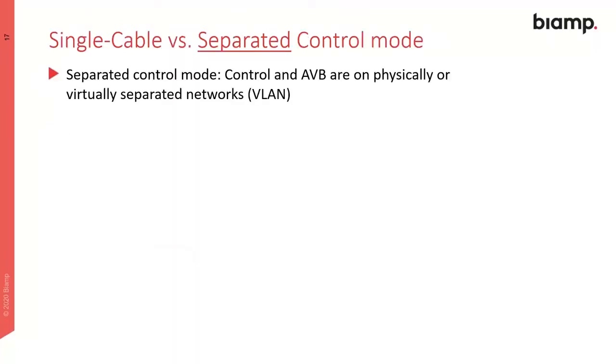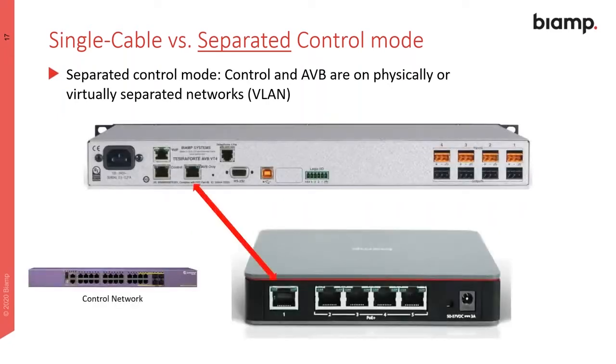In separated control mode, control and AVB are physically or virtually separated through the network. So you will have a VLAN for AVB and another VLAN for control. So you're going to connect the AVB into port number 1, while the control goes into another port.